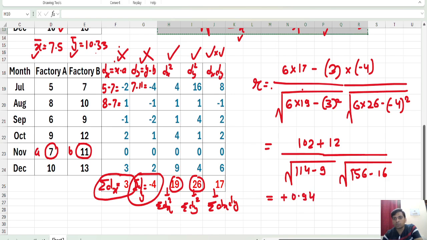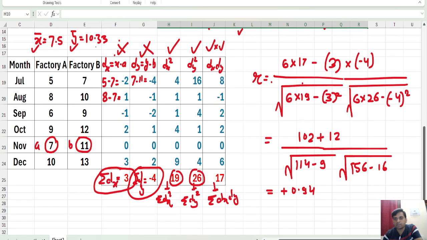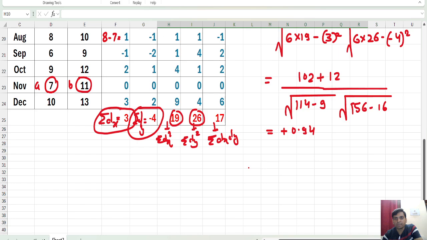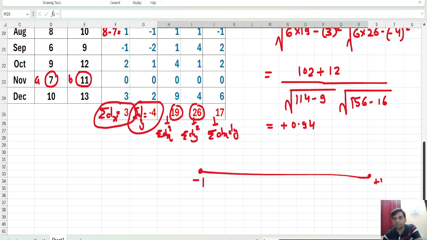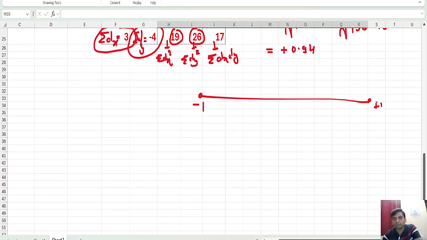Now we will interpret whether this is a strong or weak correlation. The value of correlation lies between minus 1 and plus 1. If the value is exactly 0, r equals 0, then there is no correlation.